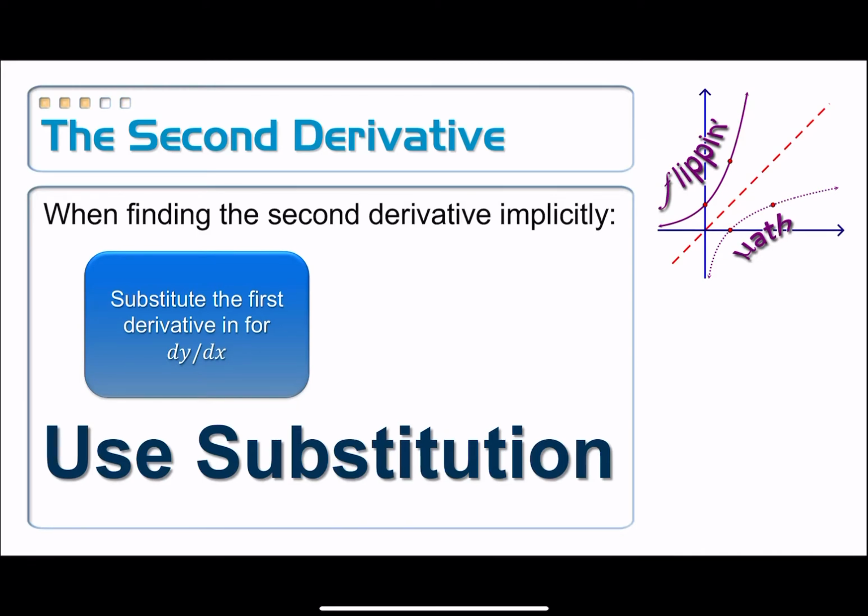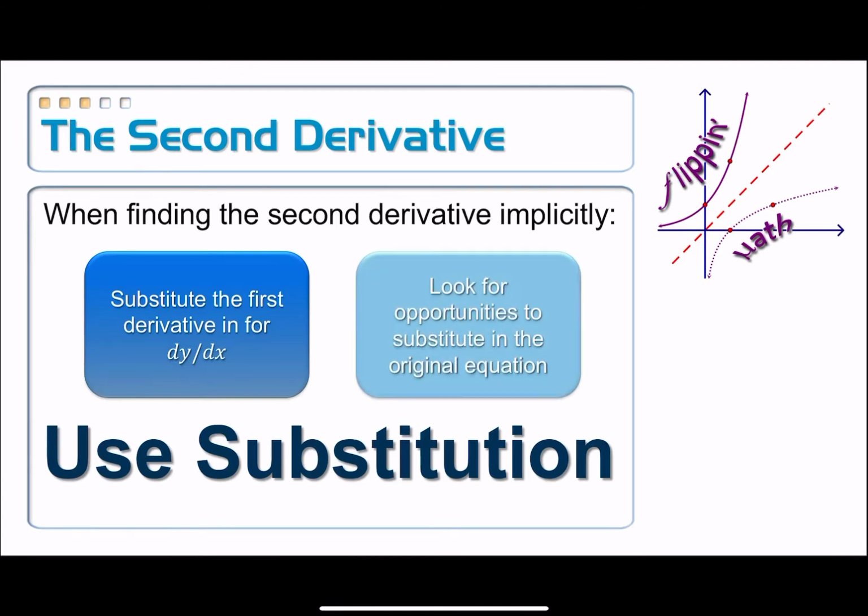You got to get rid of it, substitute in whatever equation you came up with for your first derivative. And then, secondly, you are looking for opportunities to replace the original equation into that second derivative. That doesn't always happen, but if this is a multiple choice question and your answer doesn't match, that's one of the things you could do in order to simplify your answer.